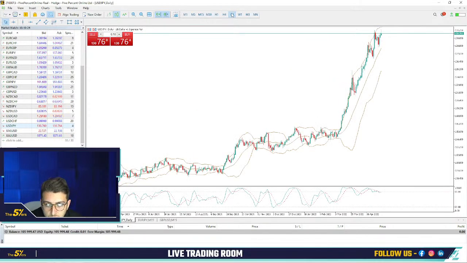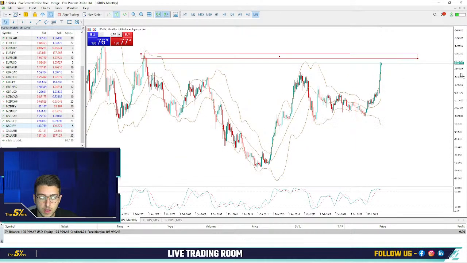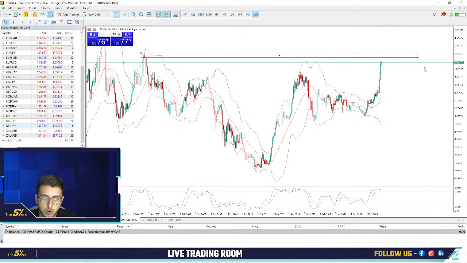I think what we should take into consideration is, if I remember, the Bank of Japan said that if the price reaches 130 or 135, they will intervene in the market. So you have to be checking the news all day and all week to check whether there would be an intervention of the bank in the market.